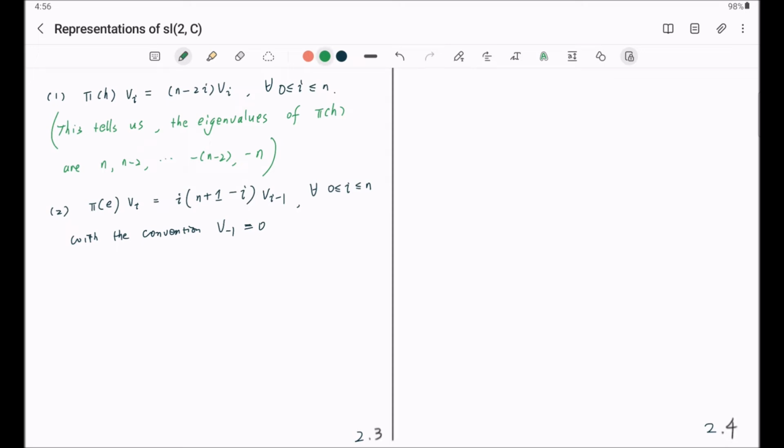And this tells us pi of E gives a backward recursive relation on the V sub i's.